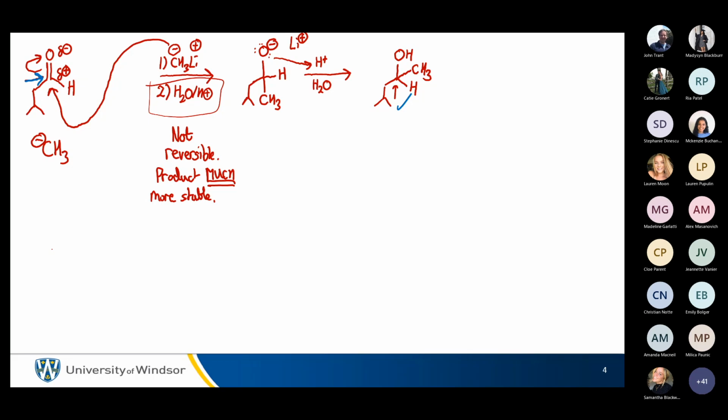Question for you. I haven't drawn this with R and S, right? I've drawn straight lines. I haven't assigned it R or S. So let's say there are 3 options. This center is one of these 3 things.